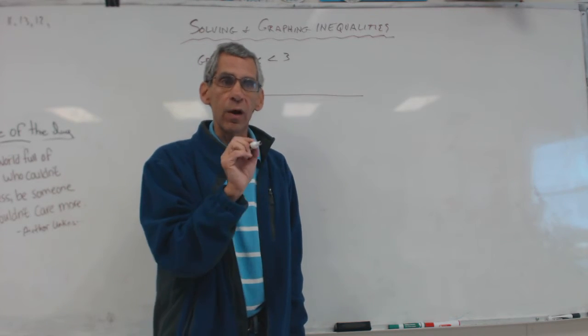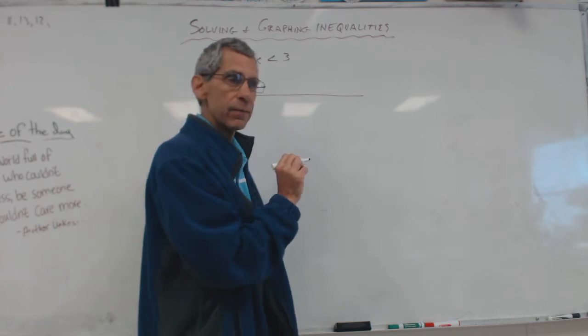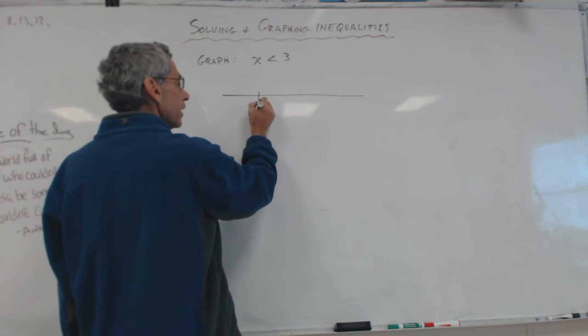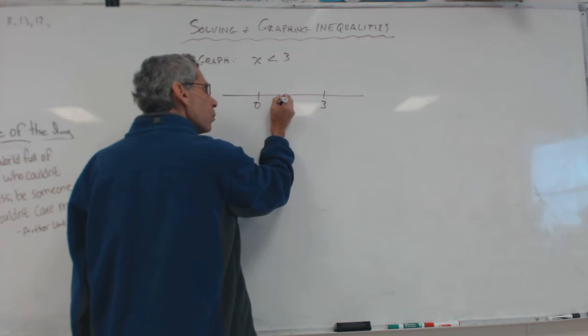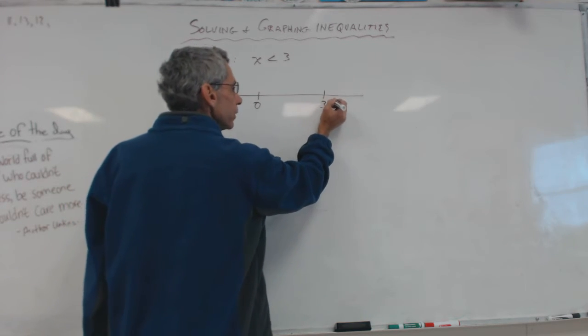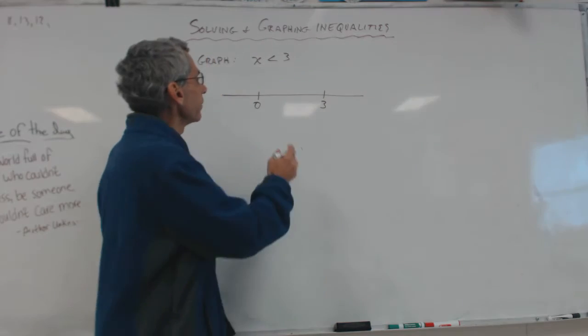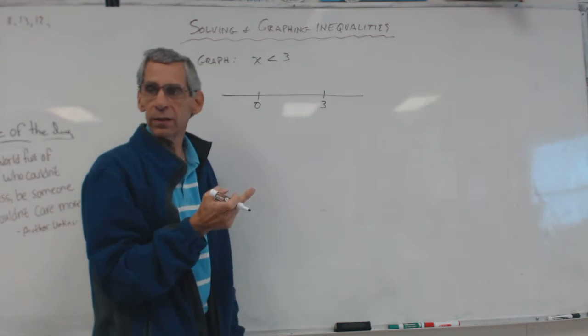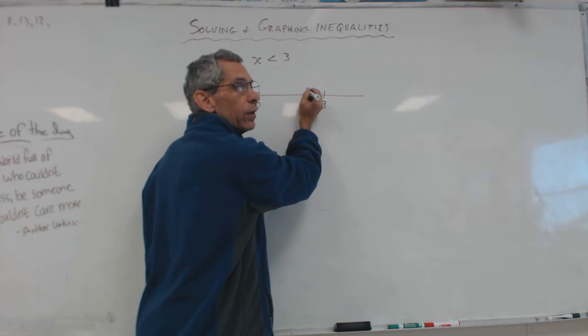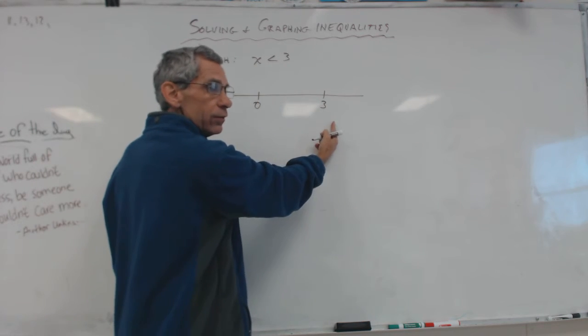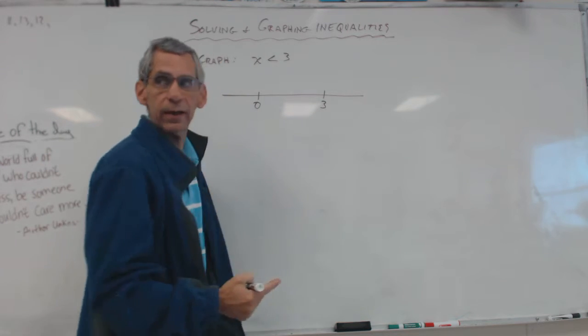I don't care about 1 and 2. I know that 0 is on the left, and 3 is somewhere over here on the right. Sometimes it's going to be x is less than 100, and I don't want you to go 1, 2, 3, all the way up to 100. I just want you to go 0 and 100. Does that make sense?